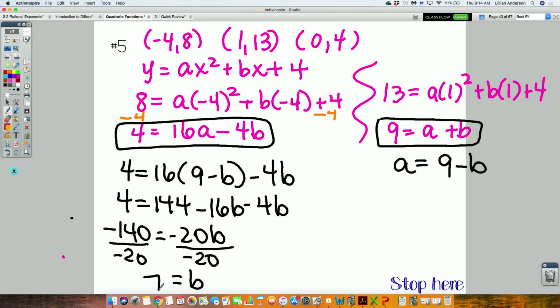Old school algebra. And then once we know B, we can substitute that in and solve for A. So A equals 2.